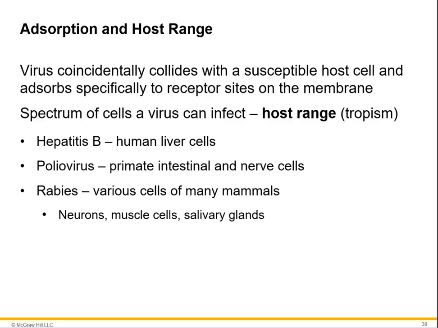Different viruses have different cells that they like to infect. For example, hepatitis B infects human liver cells. Poliovirus infects primate intestinal and nerve cells. Okay, so it's not just limited to humans. And then rabies infects mammals, particularly neurons, muscle cells, and the salivary glands of mammals.